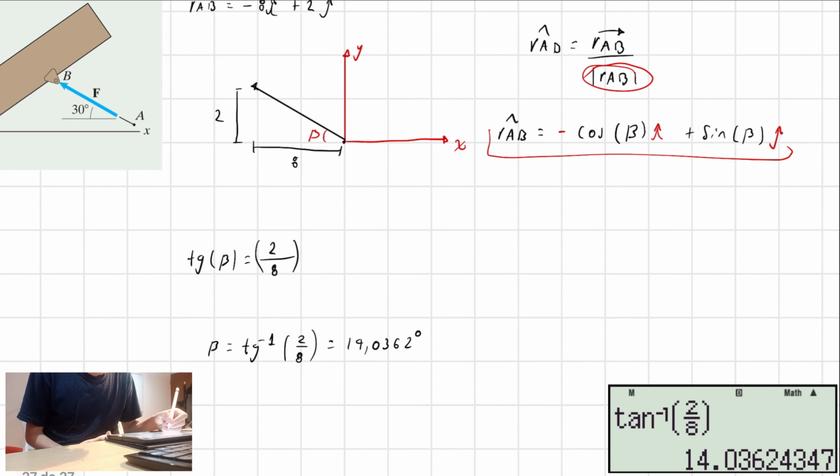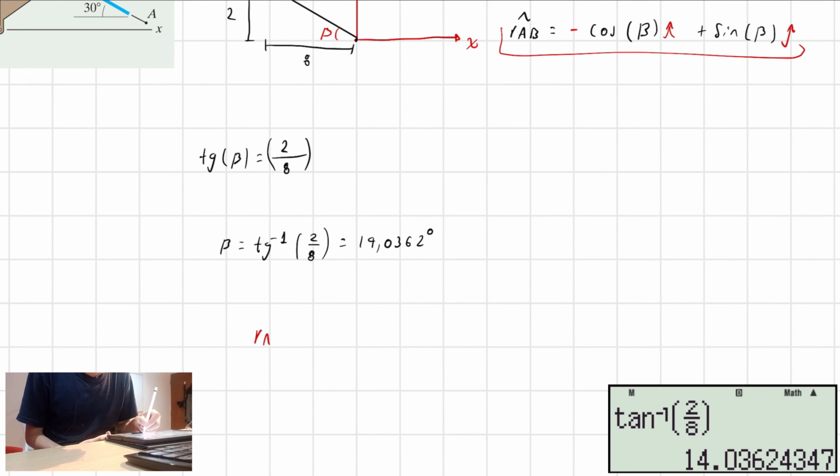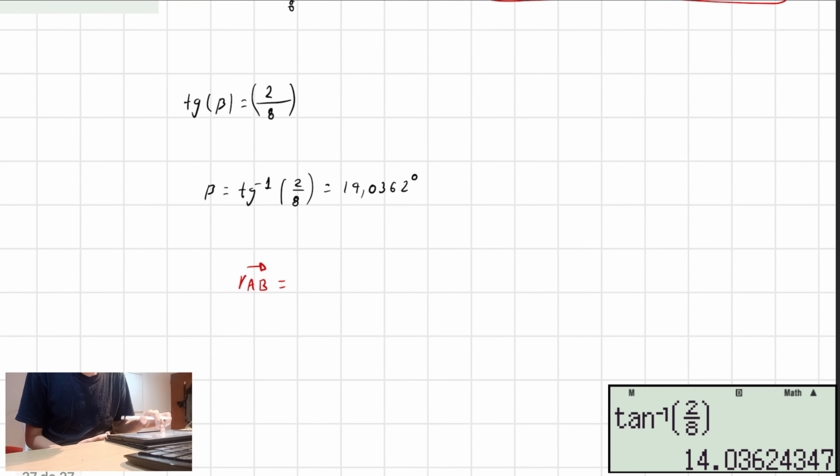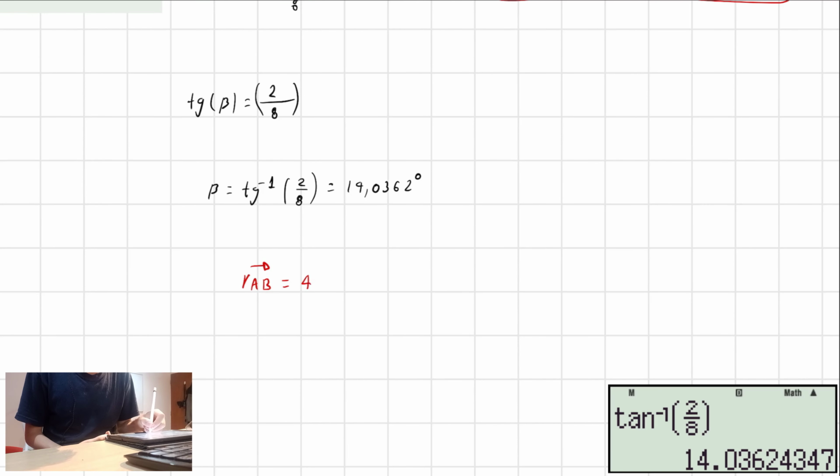So the final answer is going to be: the vector will be 4,800 pounds multiplied by minus cosine of 14.0362 in the i direction plus the sine of 14.0362 in the j direction.